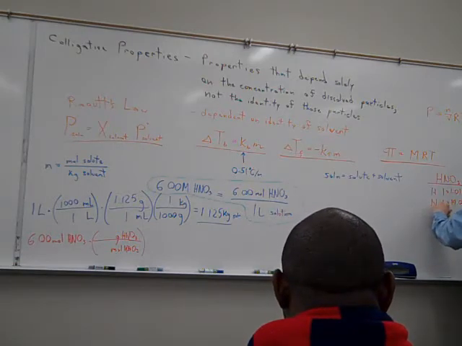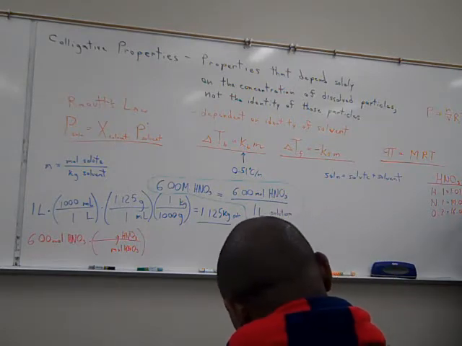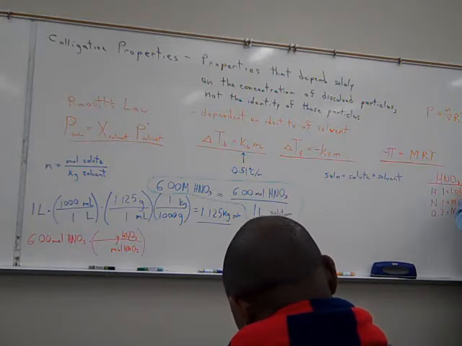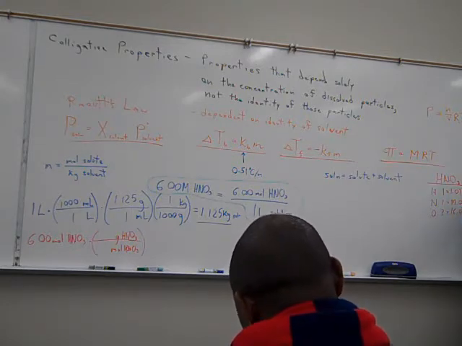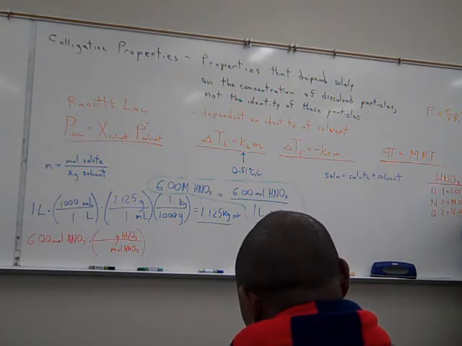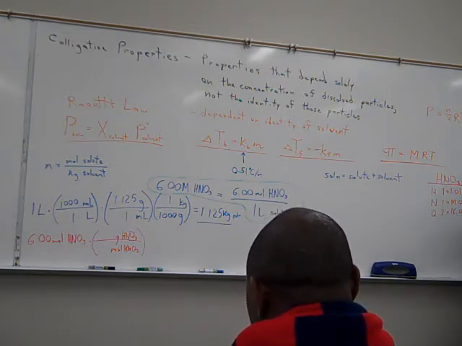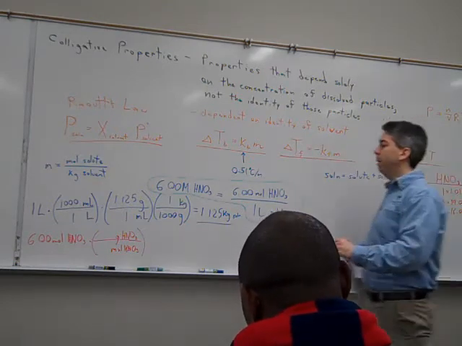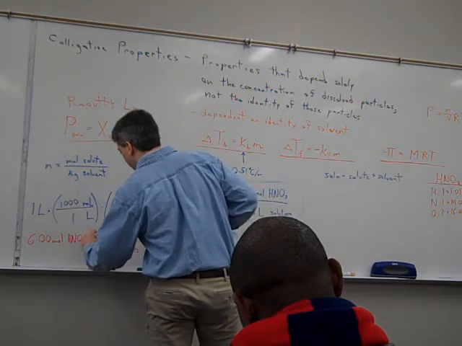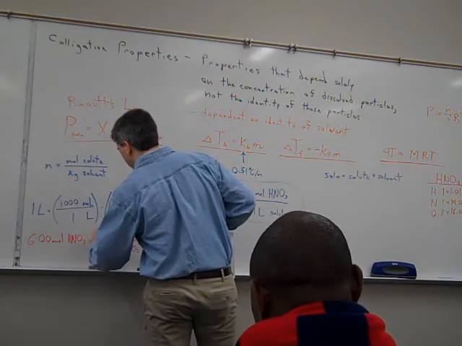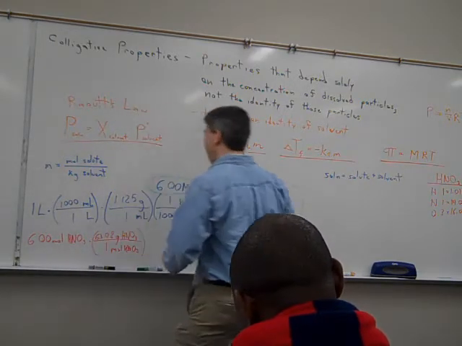I have 3 oxygens, 3 times 16, gives me 48. 14.01 and 1.01. That adds up to 63.02. So I am going to use 63.02 grams per mole.